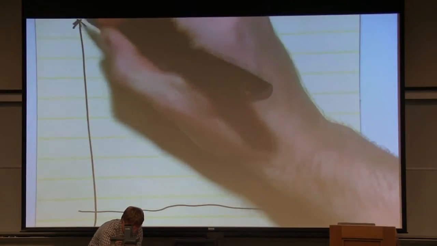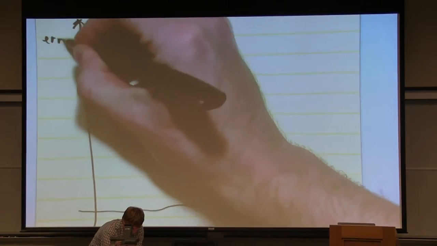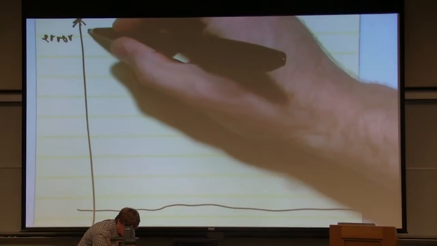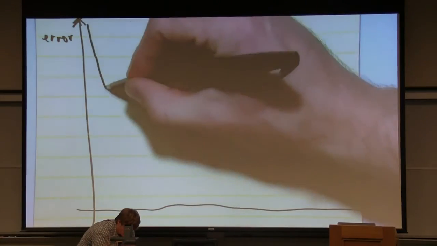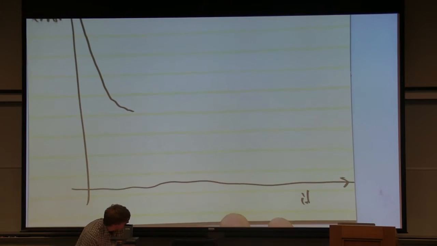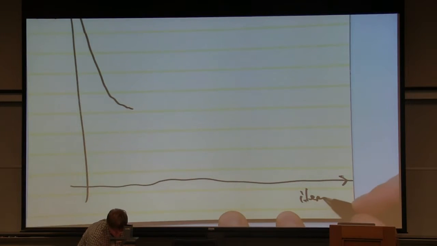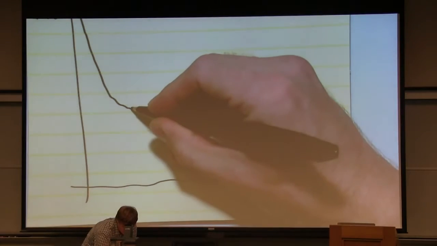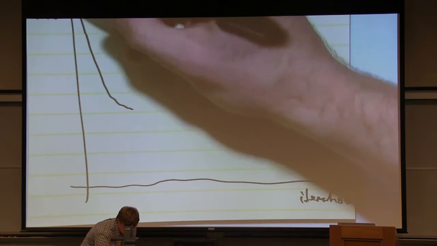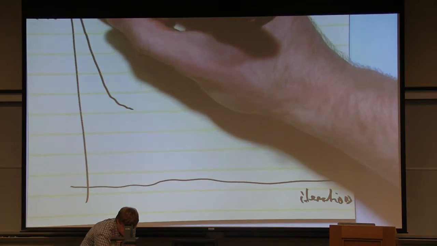So let's say this one here is your error, and you have a training error, and let's say your training error keeps going down, and this is the number of iterations. Now we observe, okay, in the beginning our training error goes down, and oftentimes we'll have some validation error as well.